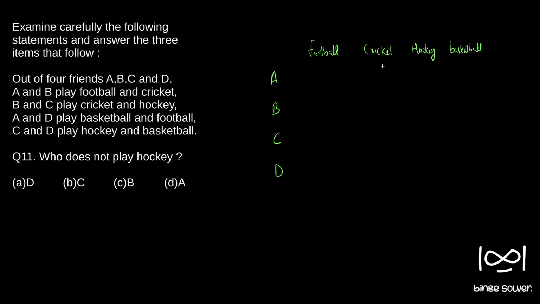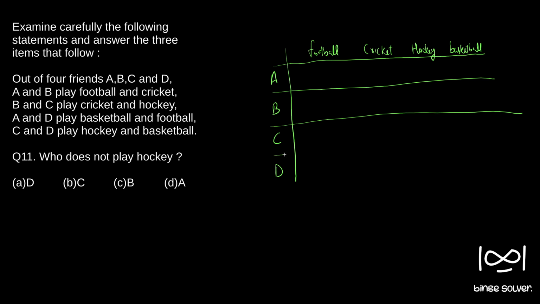In the exam hall, you don't have to write all this. You can just write FCHB or something in shorthand form. You don't have to draw this table and all. You can simply scribble the points. I'm doing this only for the explanation's sake.